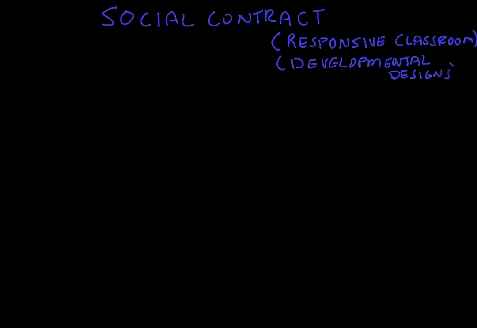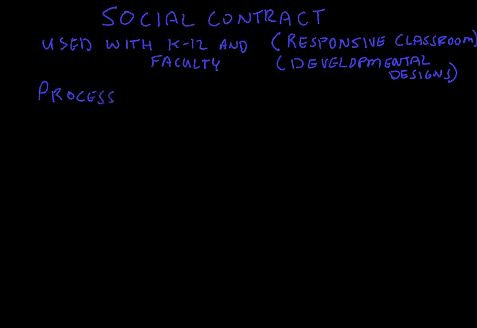So I don't take credit for this. I have seen this used with K through 12, with small classes and with entire schools. And I've seen it used with faculty as well. So I know it works. And so here's our process.